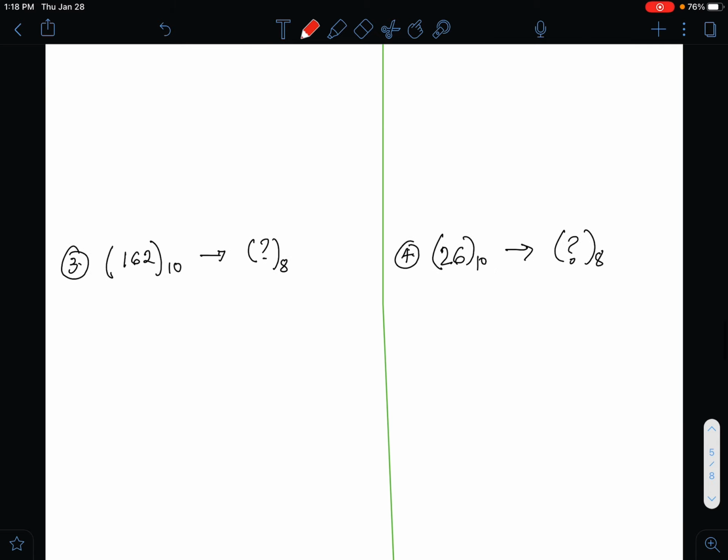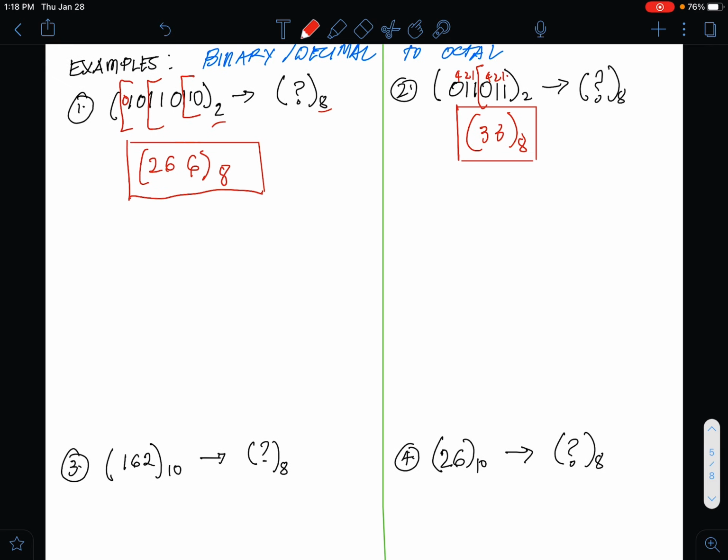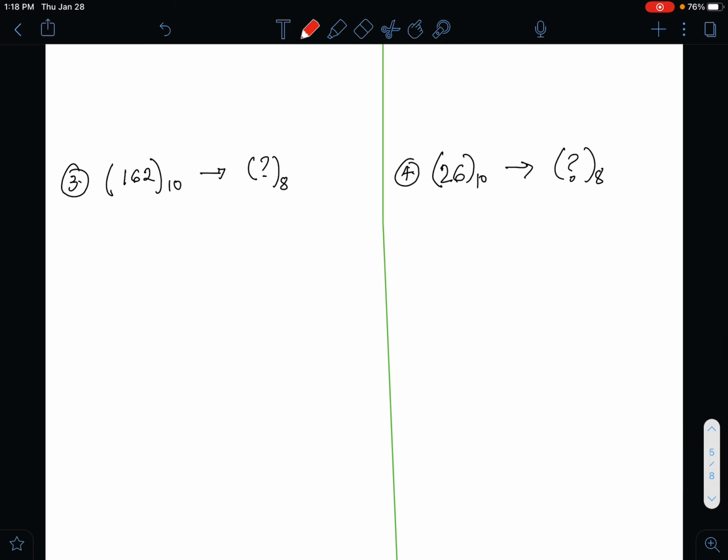Okay. Now, what if from decimal to octal? So, remember what we did yesterday? We converted decimal to binary first. So that once it becomes binary, we can divide it by 3 to make it octal. So, here, we will be making a binary number out of 162 decimal.